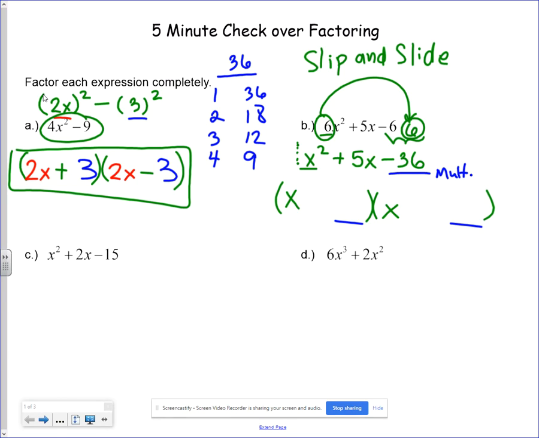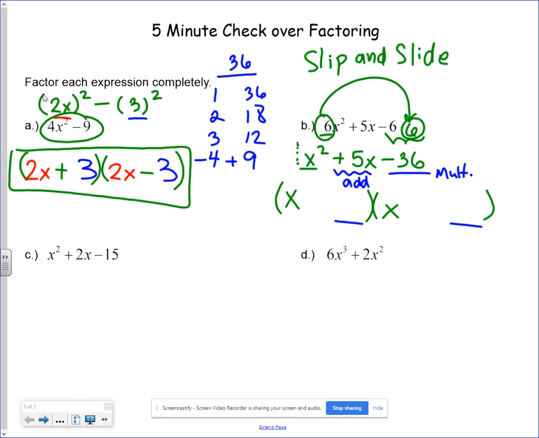But we want negative 36. That means one of these is going to be negative. How do I know which one to choose? Well, the middle number, remember, tells you which one you choose. So the two factors of negative 36 have to add to be positive 5. So that would be negative 4 and positive 9.